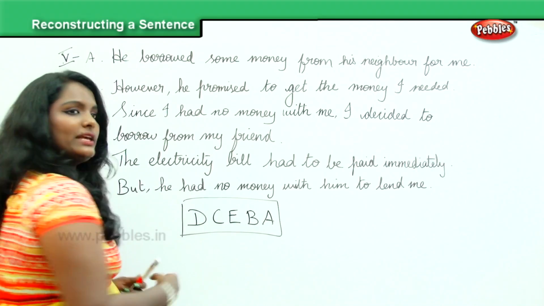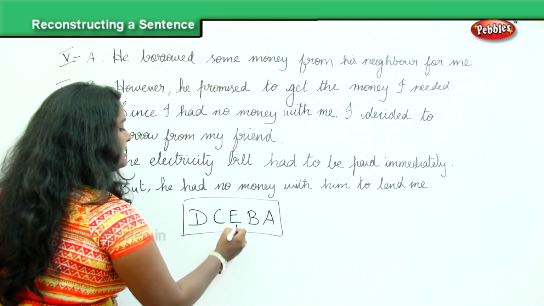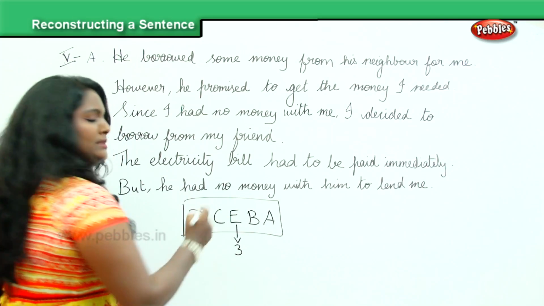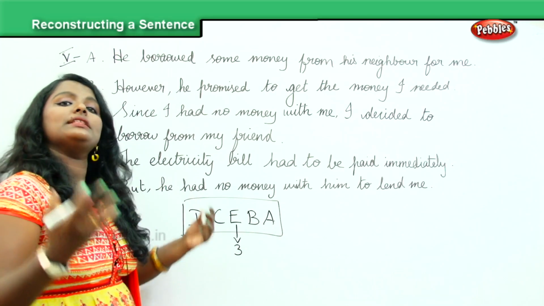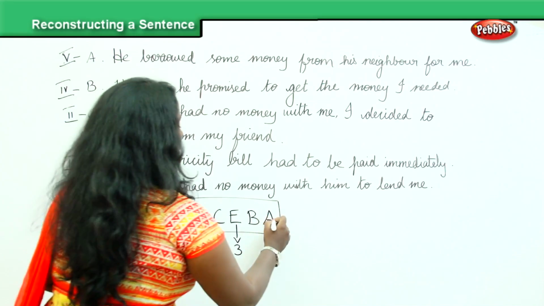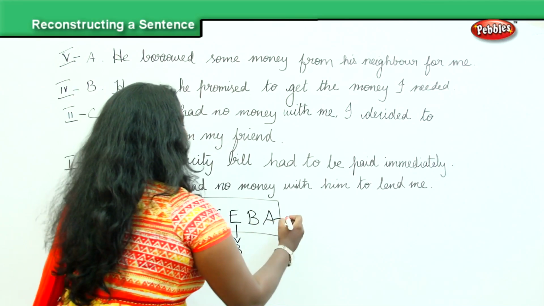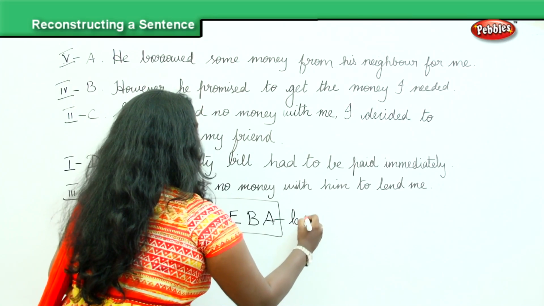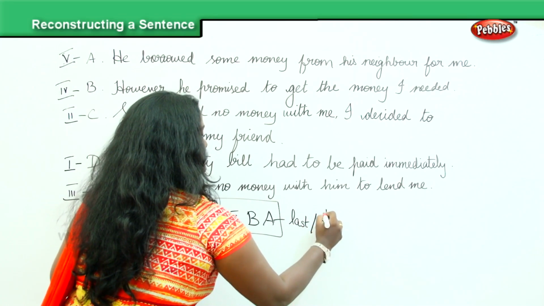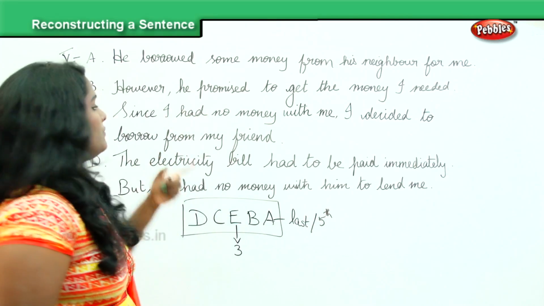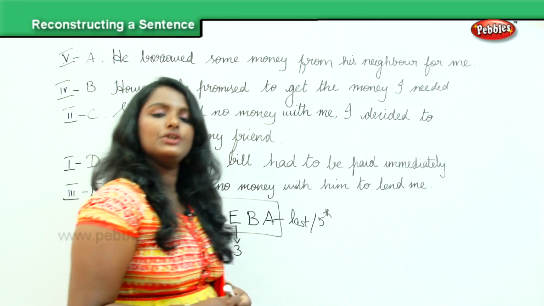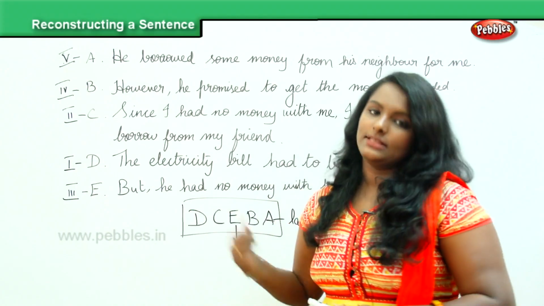So you need to know the exact order to know that sentence E can be the third sentence. They can ask you which can be the last sentence. Which one? The sentence A can be your last or your fifth sentence. So you need to find the correct chronological order in order to answer these questions.